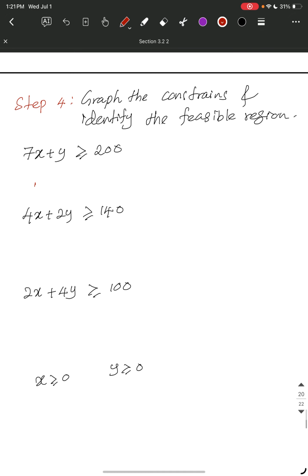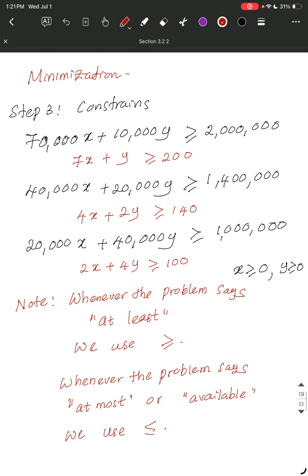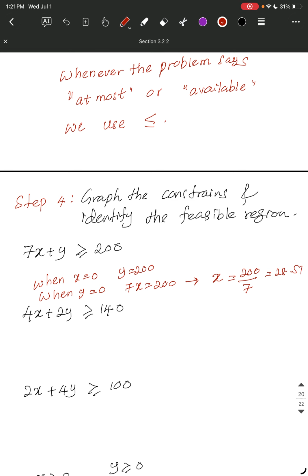So let's find the intercepts. When x equals 0, y equals 200. When y equals 0, 7x equals 200, then x equals 200 divided by 7, that is 28.57.